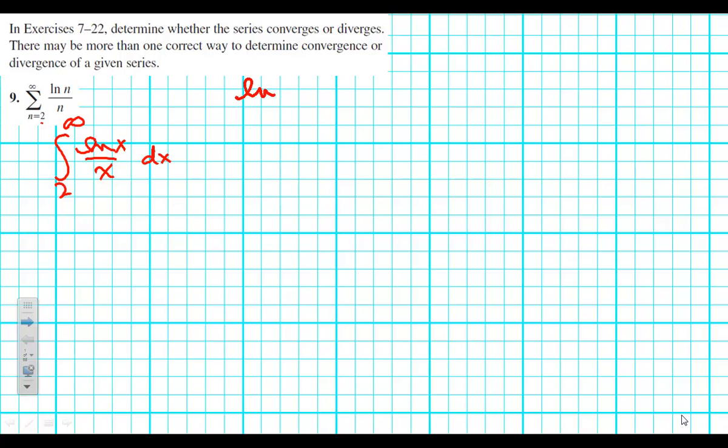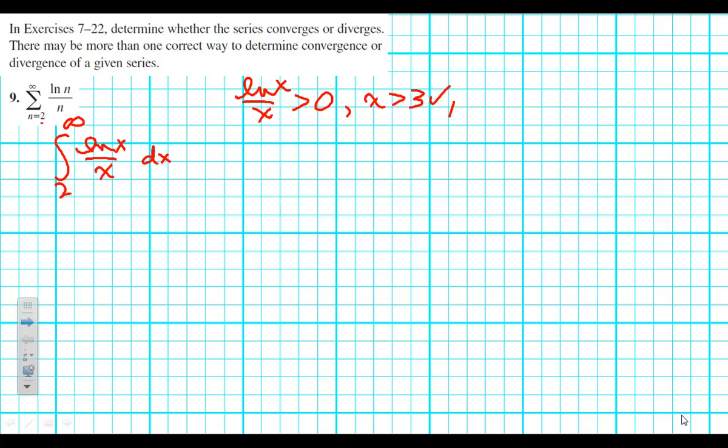Is natural log of x over x always positive? Natural log can be negative sometimes, but this is true as long as x is greater than 3. Actually, it's greater than e. So it's eventually true, and that's good enough.